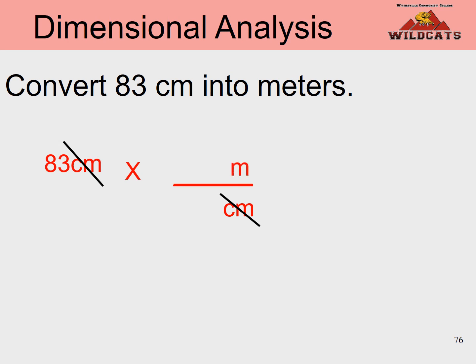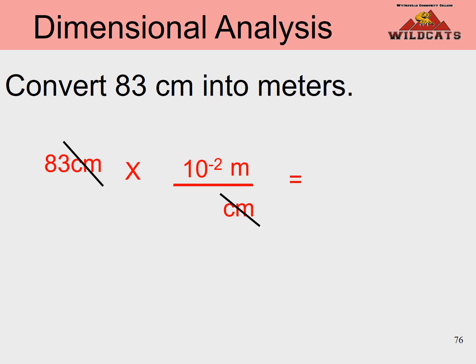And now I need a conversion factor. The conversion factor for centimeters to meters is there are 100 centimeters in a meter, or there are 10 to the minus second meters in a centimeter. Your book likes to use the 10 to the minus second, or the unit number in front of the meters.